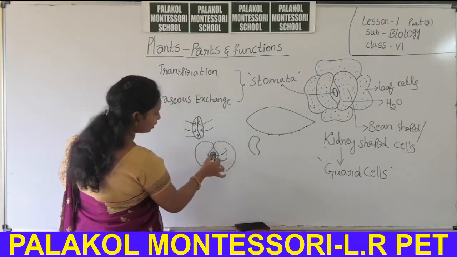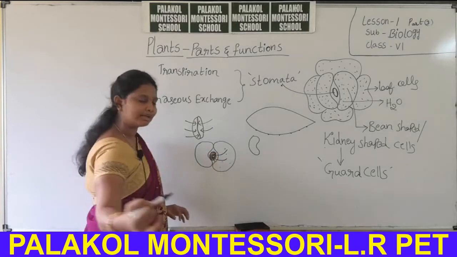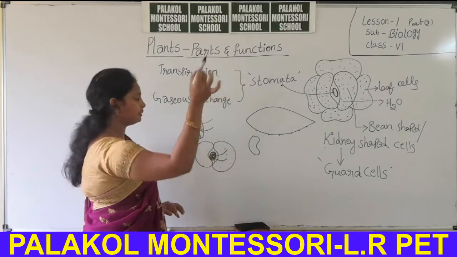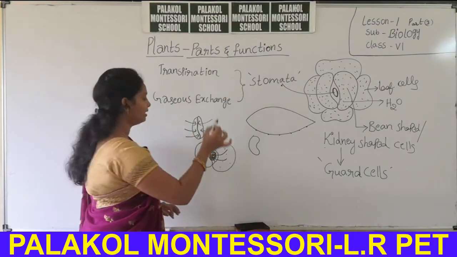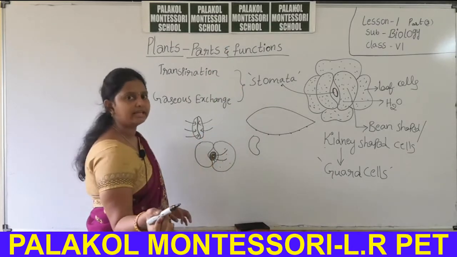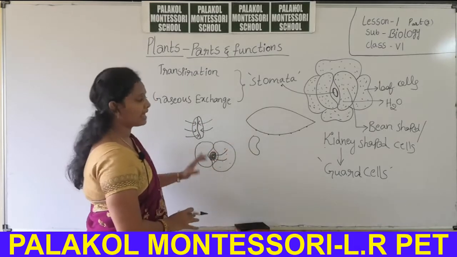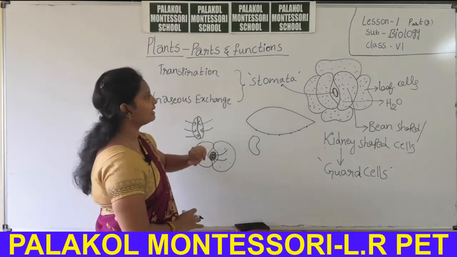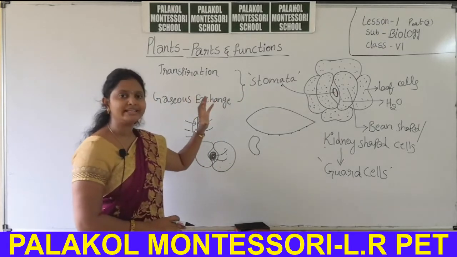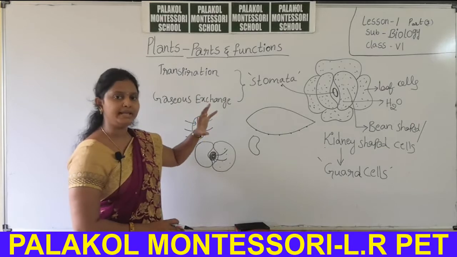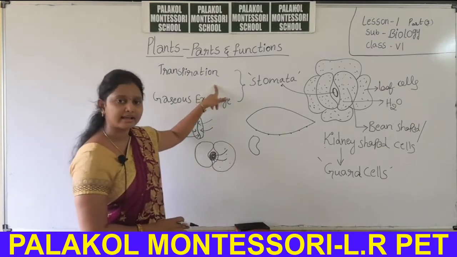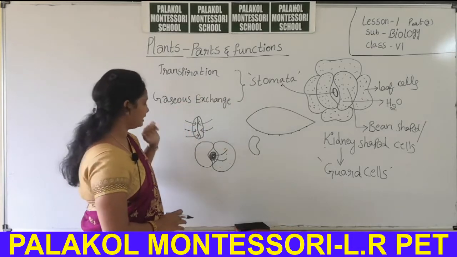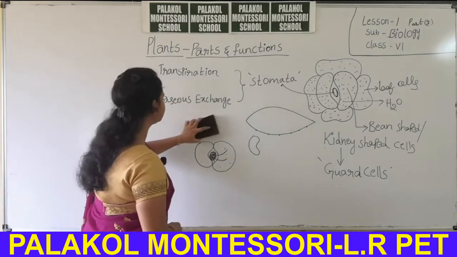From this pore, the water comes out into the atmosphere. This phenomenon happens like this. This is about transpiration. So the stoma is the opening through which transpiration occurs.